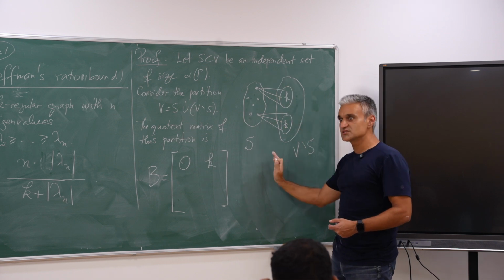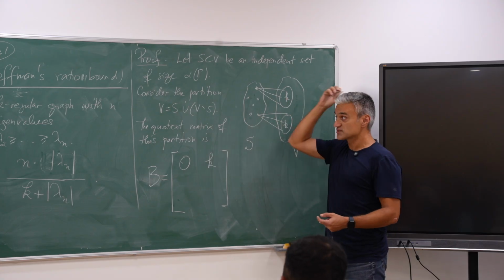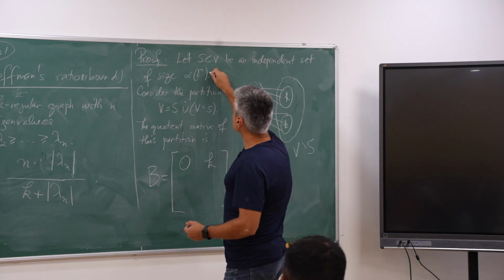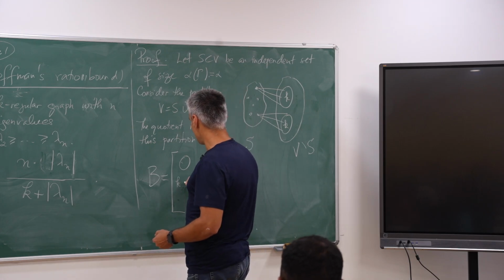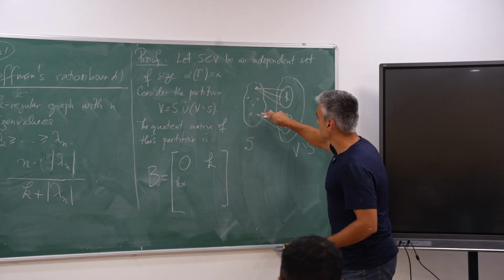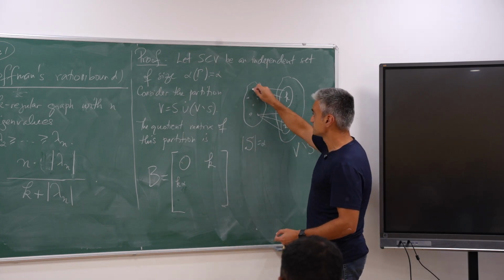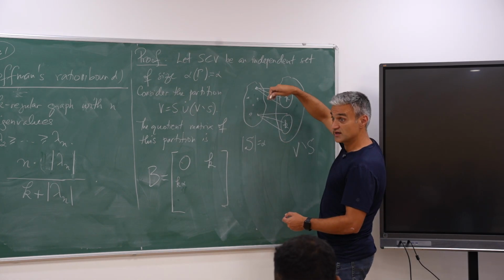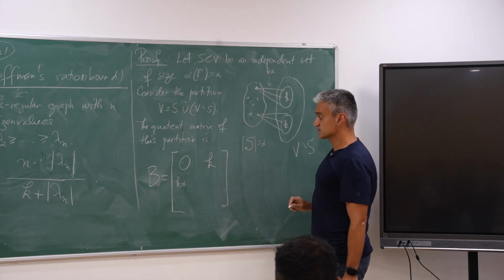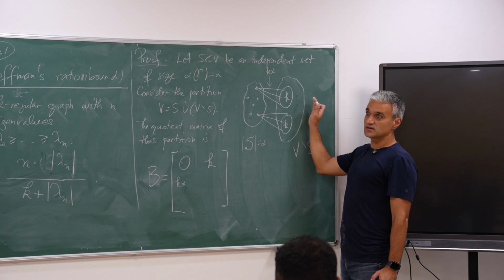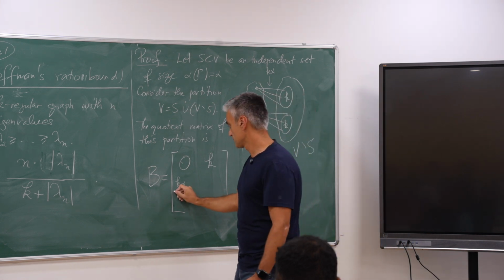Can you tell me how many edges you have between the parts? k times the cardinality of S. I will just shorten this to alpha, so I will have k alpha, because here I have alpha vertices, so the cardinality of S is alpha. Everyone has k neighbors this way, so between here I have k alpha edges. And now I have to divide by this size. How much is this size? n minus alpha.